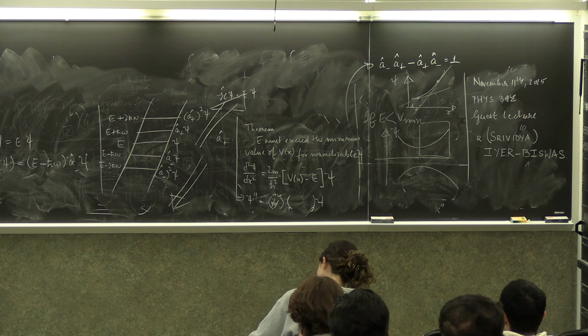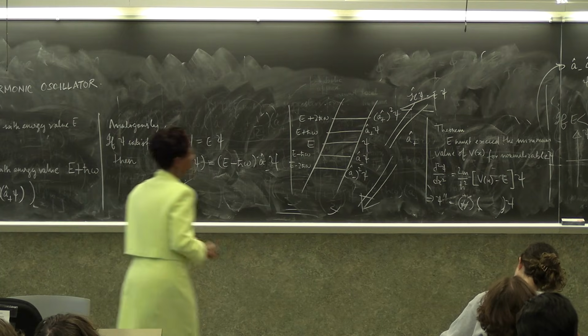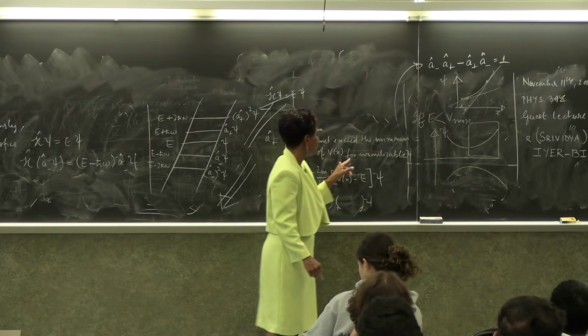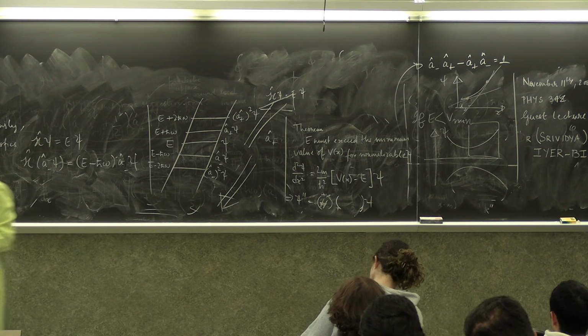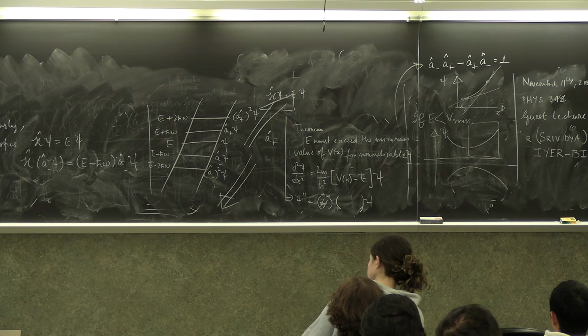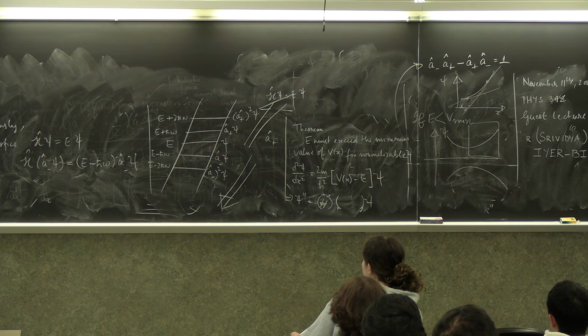Psi has to go to 0 as x tends to infinity for it to be normalizable. And so we have proved our theorem. E must exceed the minimum value of V of x for normalizable psi. Are you wowed? You barely needed high school math to make this argument, but it's deep physics.